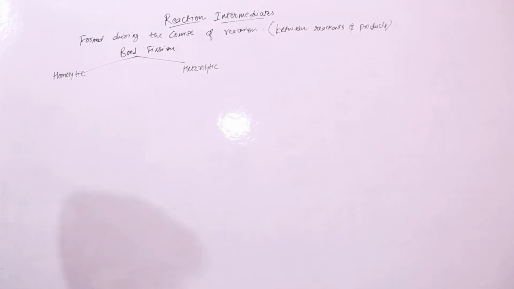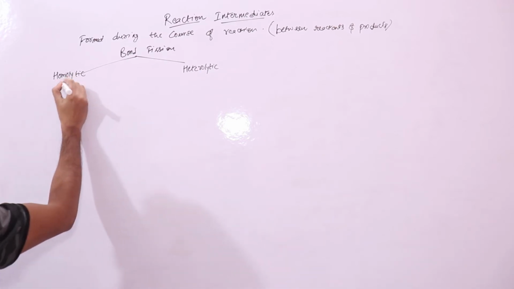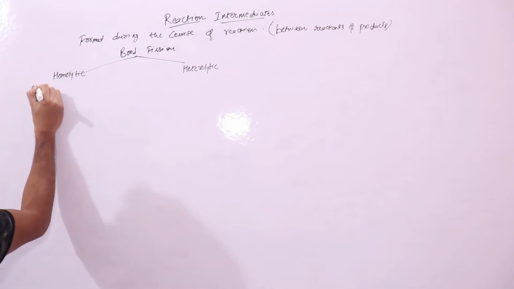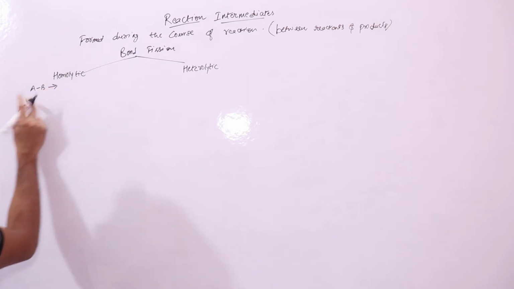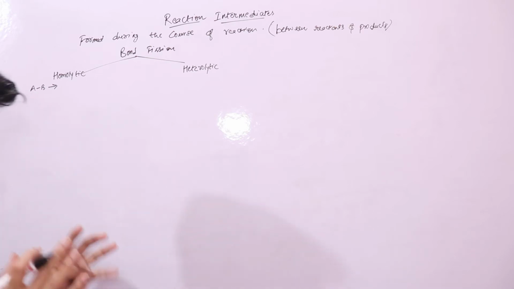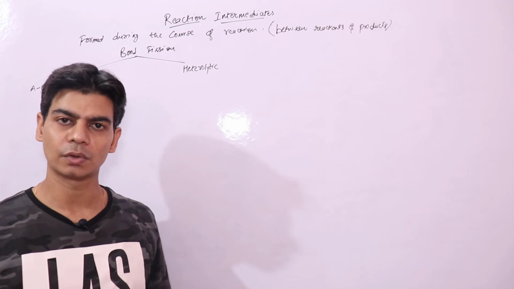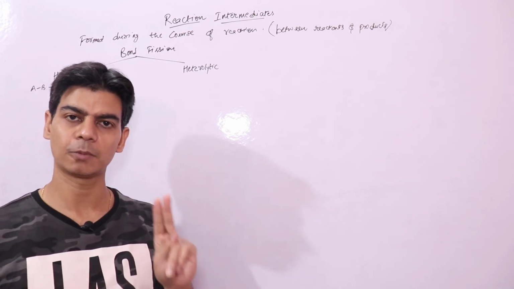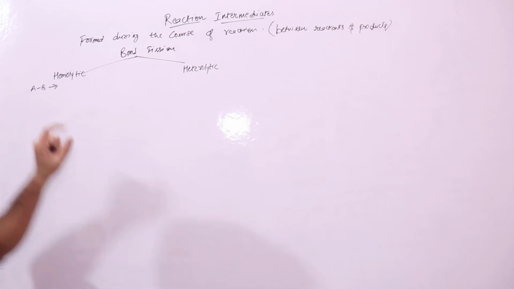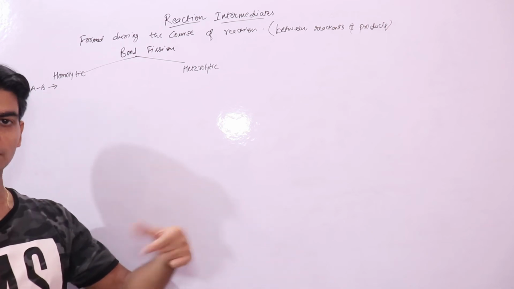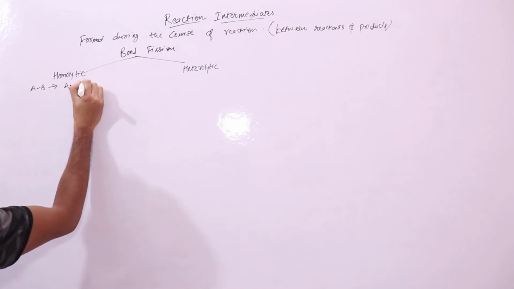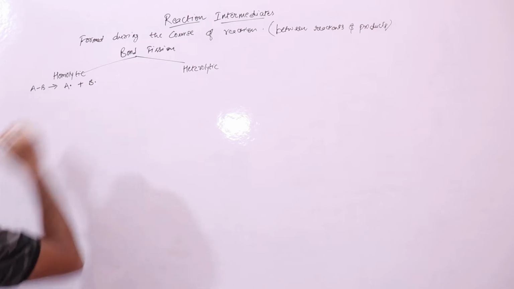Homolytic bond fission is like this. When a bond breaks, each of the combining atoms takes one electron each, because a bond is made up of 2 electrons. So when this bond breaks, A and B each take 1 electron from the bond. Here A will have 1 electron and B will also have 1 electron.